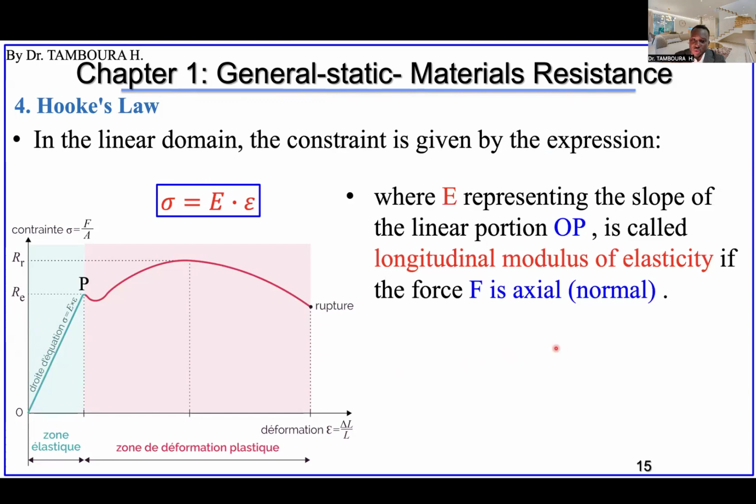We call this the longitudinal modulus of elasticity, or just modulus of elasticity. But this one is longitudinal because the force is an axial force or normal force, if you want. When the force is axial force, we talk about longitudinal. In French, my pronunciation here is like in French, longitudinal modulus of elasticity.